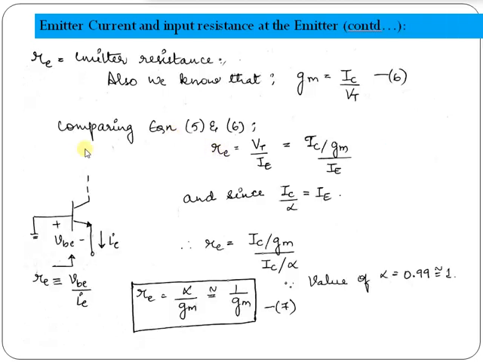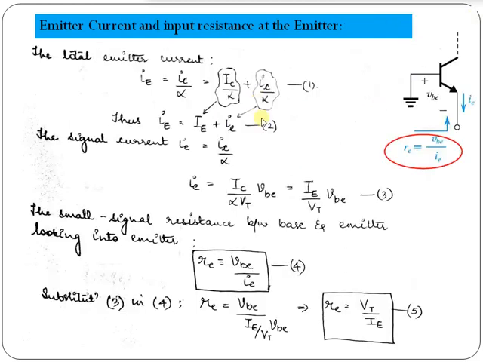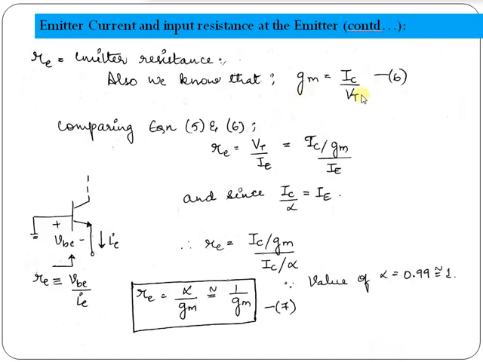So continuing with the derivation, re becomes your emitter resistance, and we know that the transconductance is gm equal to IC by VT, so I have named this as equation number 6. If you compare equation number 5 with equation number 6, what we have in common is VT and IE.